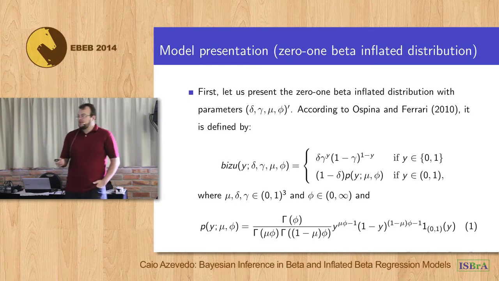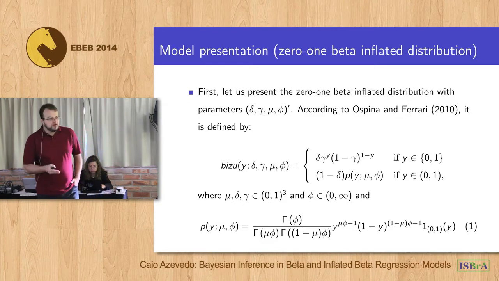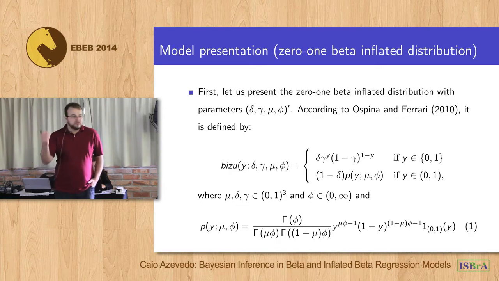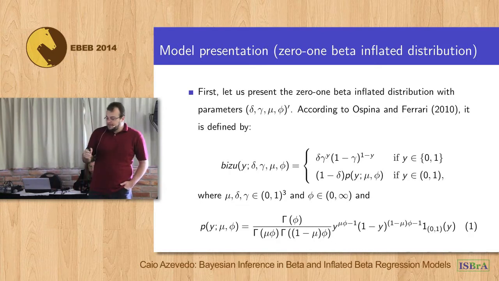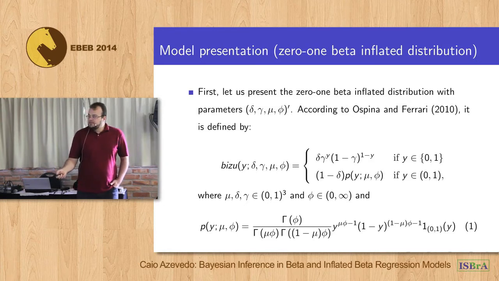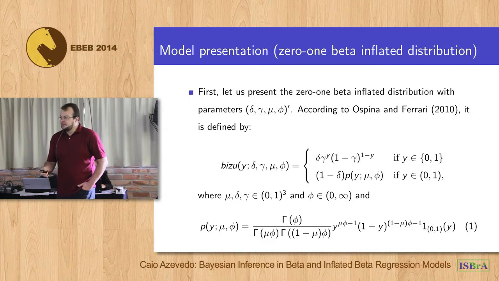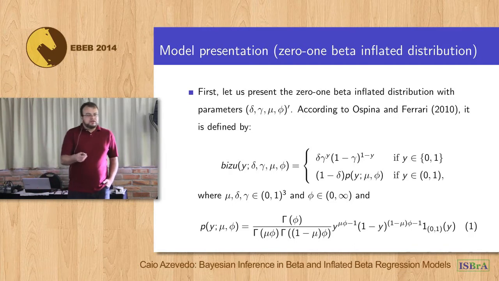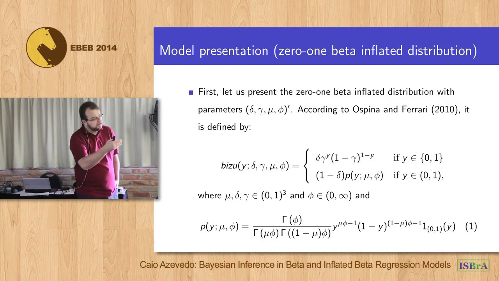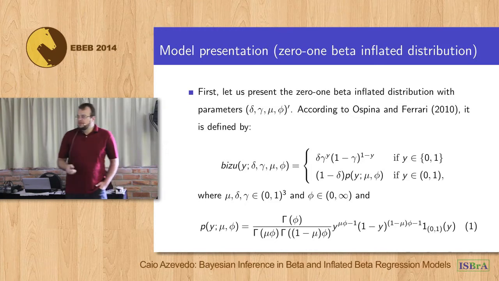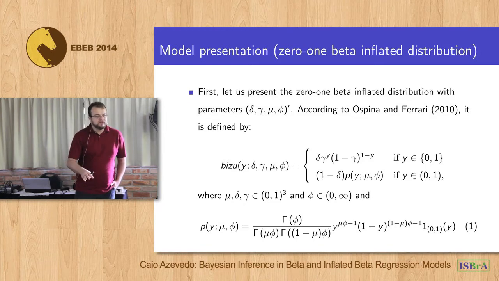So we have basically a finite mixture of two distributions, a Bernoulli distribution and a beta distribution. These authors proposed this probability distribution. And here we have the beta distribution parameterized in terms of the expected value mu and the precision parameter phi. The precision parameter is the inverse of the scale parameter, that is, the higher the value of the precision parameter, the smaller the variance of the data.